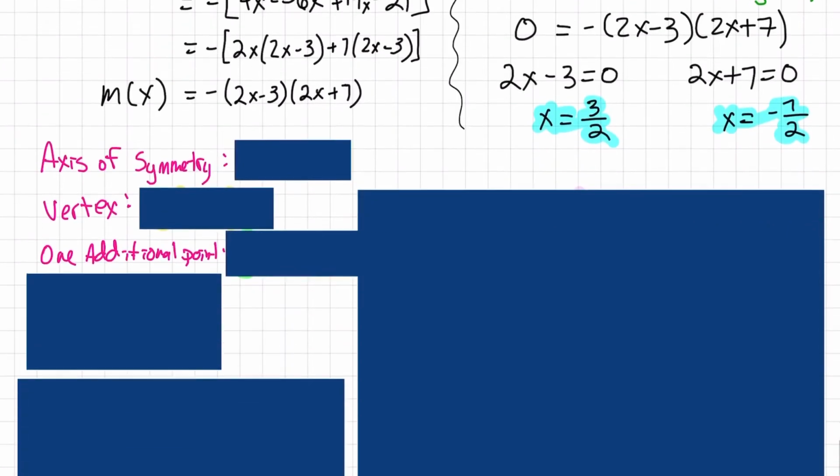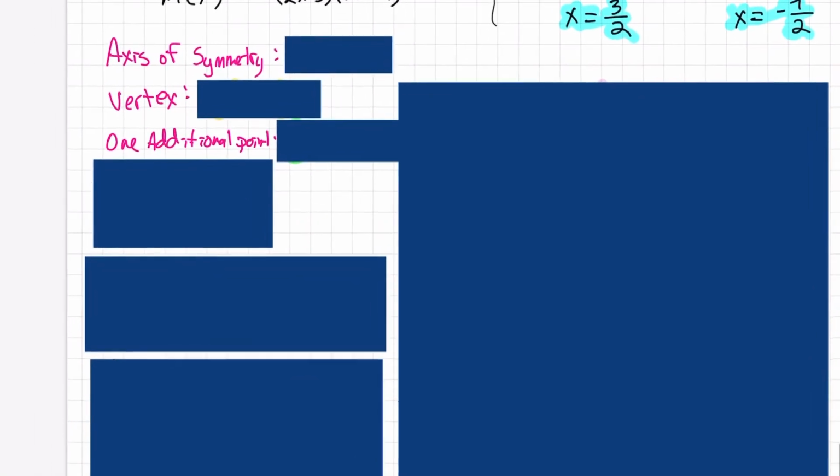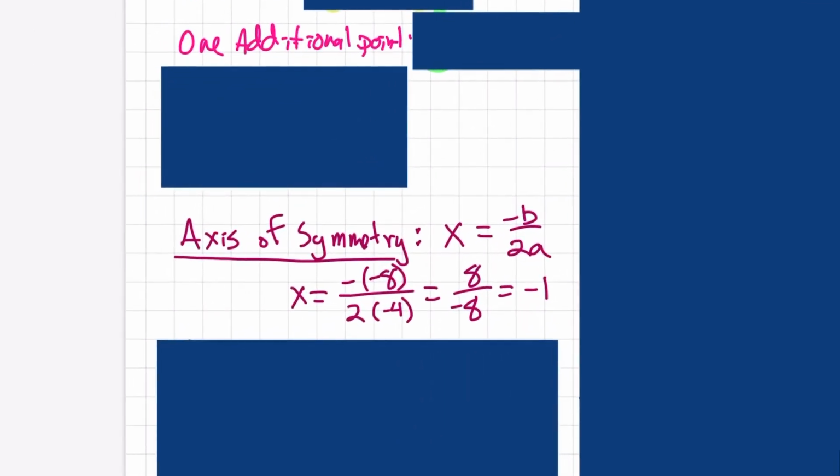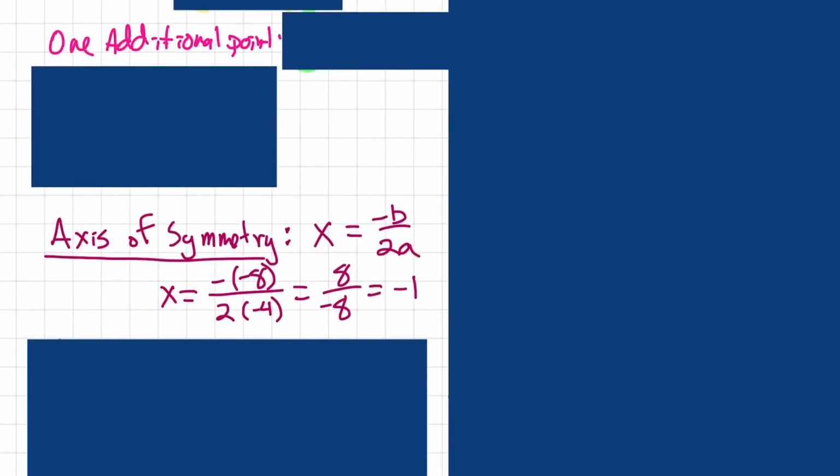All right, so now let's find all the other things that we need. First, let's do our axis of symmetry. In order to do our axis of symmetry, we need to plug into the formula. So our axis of symmetry is -b/2a. My b is -8, so plug in that -8. Notice this is a -8, which becomes a +8.